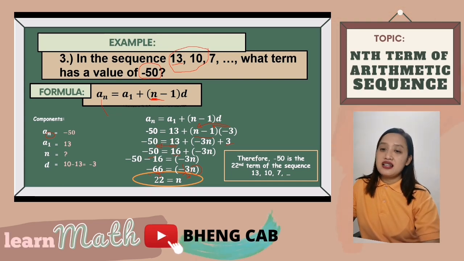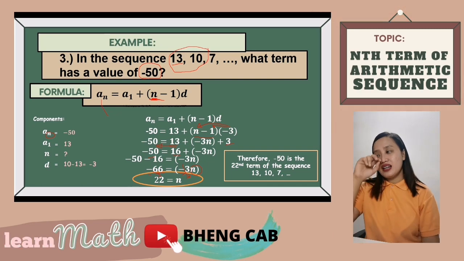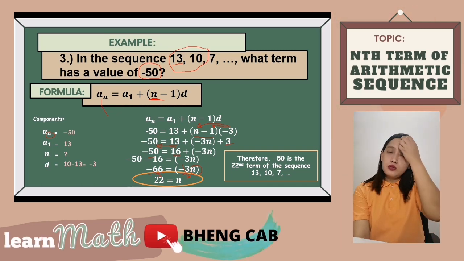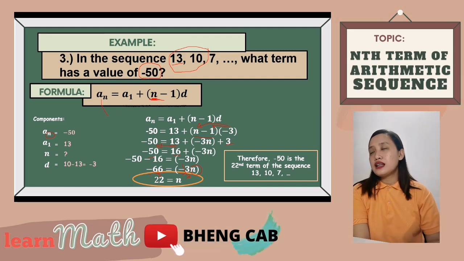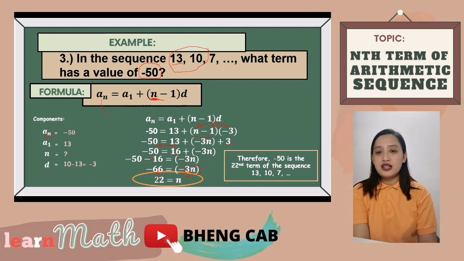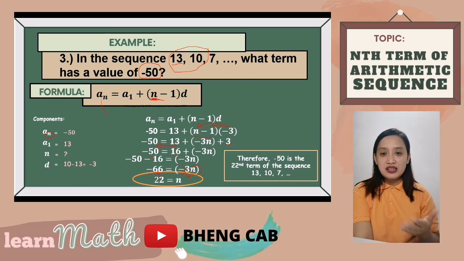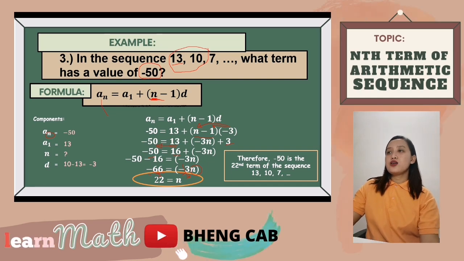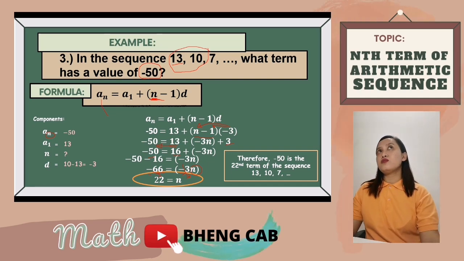13, 10, 7. So, ang ibig sabihin lang nito, kung we try to get the specific term ni negative 50, sang term siya magpa-fall, mahanap natin siya sa pang 22nd term. Okay? So, ano yung pinagkaiba niya sa una at pangalawa?